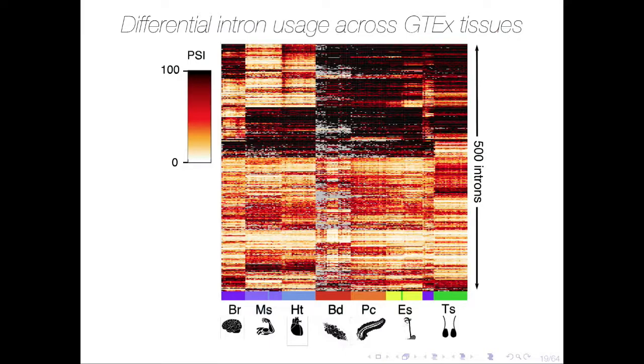Rows here correspond to introns, and columns correspond to individual samples from the data set. And what you see broadly is that the different tissues cluster together when you use this quantification. This is in contrast to using isoform ratio estimation, where you don't see such a clear clustering.